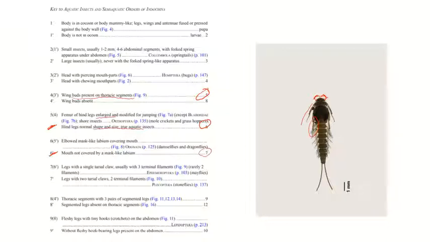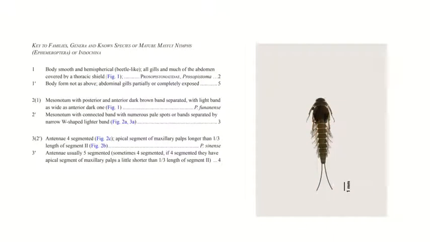Okay, so in couplet number 7, legs with a single tarsal claw, or second lead, legs with 2 tarsal claws. What does this mean when we say single tarsal claw? Single tarsal claw means that this particular leg here, okay, is actually just with one claw.